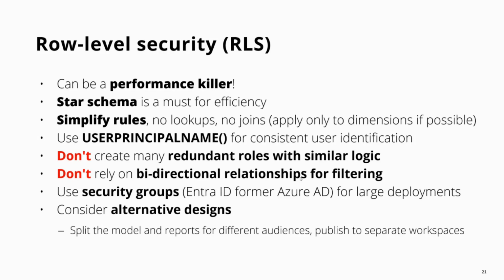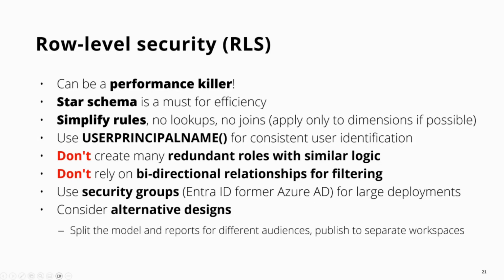There's also, of course, an option to consider alternative designs, where you actually split the data model and reports for different audiences and publish to separate workspaces. Now, important here is that you should always test the rules using View as role during deployment, and of course, optimize the model first.